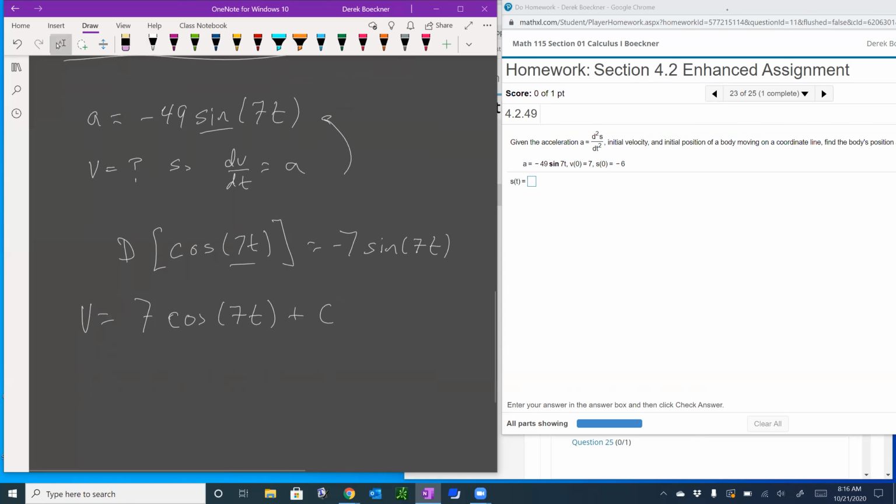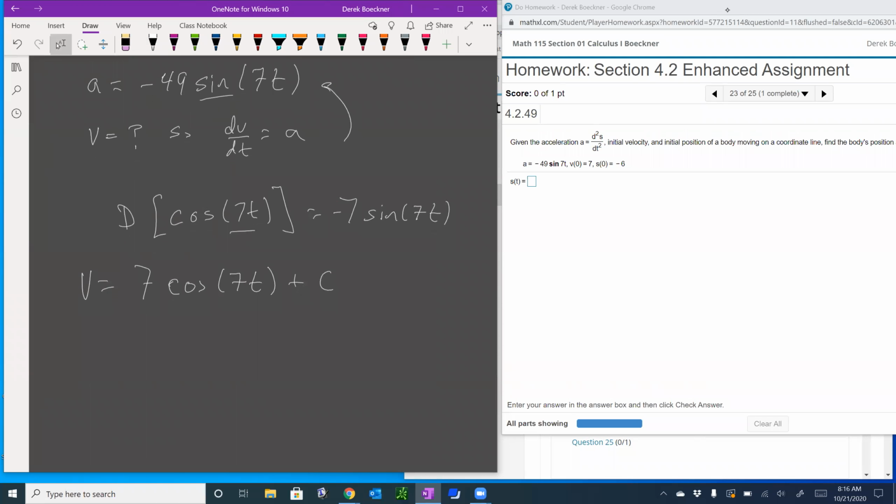Okay. We are told that v at 0 is equal to 7. So let's plug in and see what c is going to be. Because if I know what v of 0 is, I can figure out what c is. That gets rid of 2 variables, right? So that's 7 times the cosine of 7 times 0 plus c.